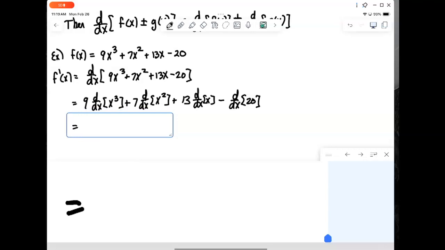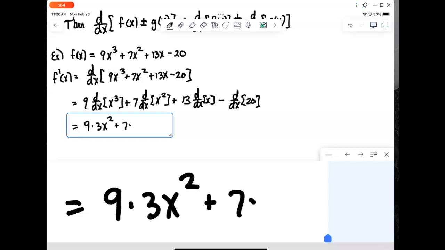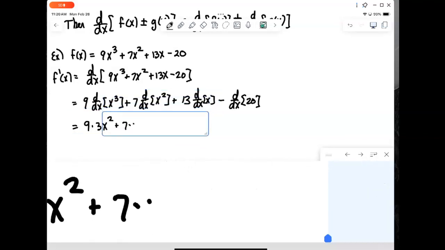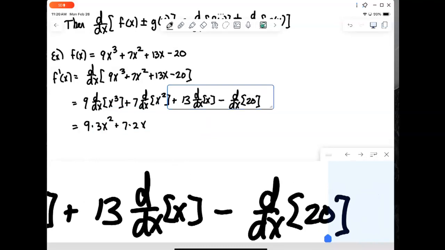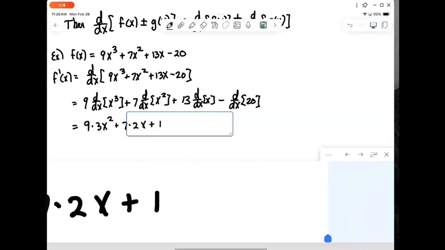So this would be probably again writing out more detail than we have to, but I'd like to be clear. 9 times 3x squared, drop it by 1, plus 7 times the derivative of x squared, which would be 2, drop it by 1 would be x. And then here we're dealing with just an x. And derivative of that is just 1.